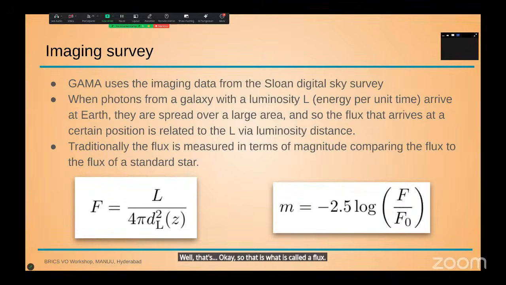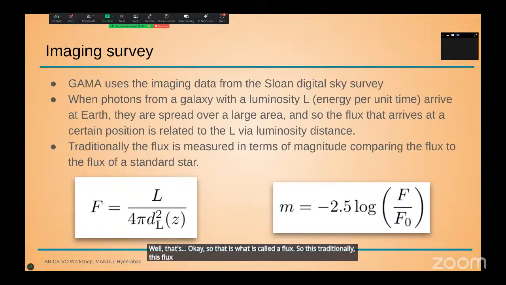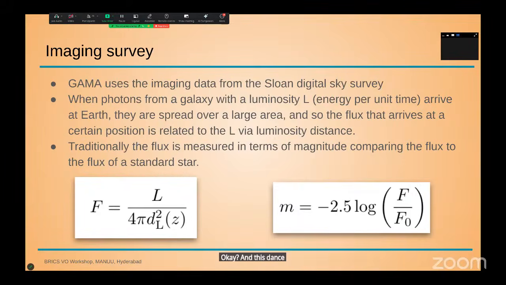So traditionally this flux is measured by astronomers in terms of something called a magnitude. So this formula you are used to now, flux is luminosity divided by 4 pi d square, and this d is that luminosity distance that we are talking about.